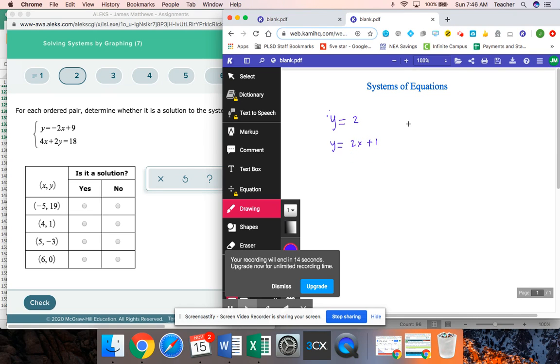If I wanted to see if 1, 3 was a solution, I would plug it in here. If I plug it in here and it's true, and I plug it in here and it's true, then it's a solution.